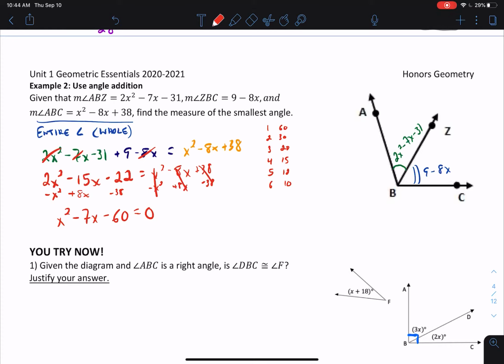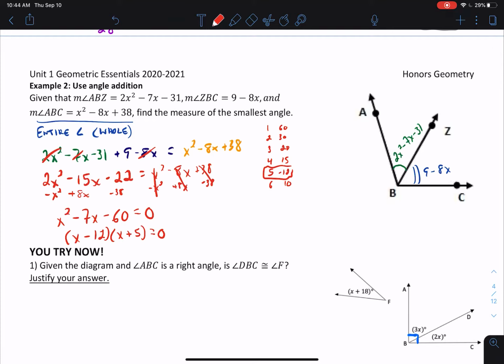Then I ask myself how I can combine any of these to give me that middle term of negative 7. If I do negative 12 plus 5, that gives me negative 7, and negative 12 times 5 gives me negative 60. So this factors into x minus 12 times x plus 5.